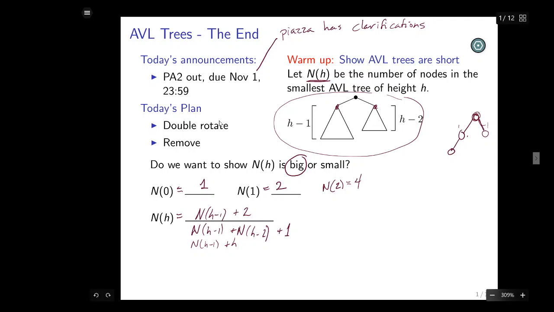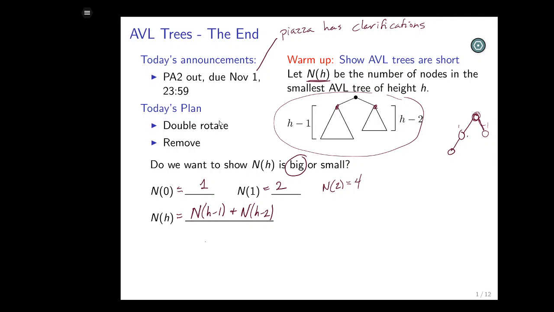Let me just erase this, and this, and this, and just write it here. So N of H minus 1 for the child that's got to be of height H minus 1, plus N of H minus 2 for the other child that has to have height at least H minus 2. So those are small trees. Plus I have to add 1 for the root. The root sits up at the top.